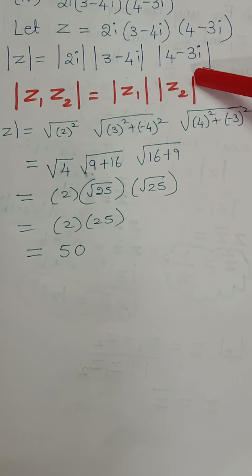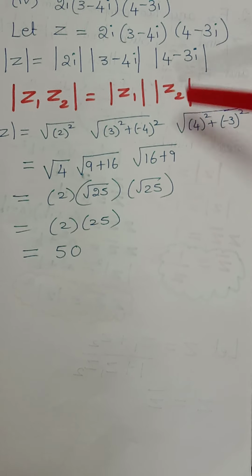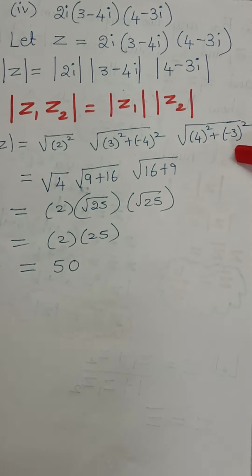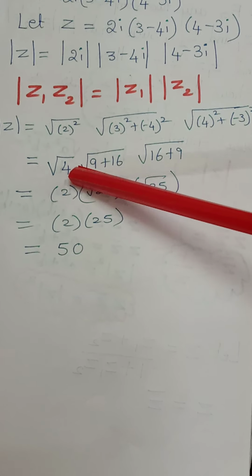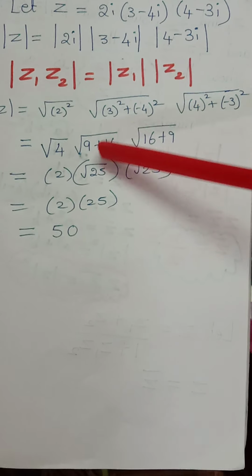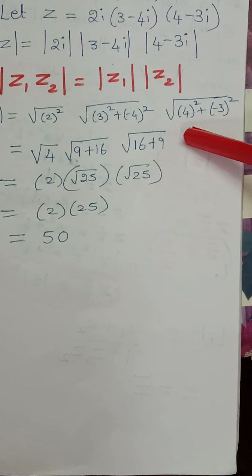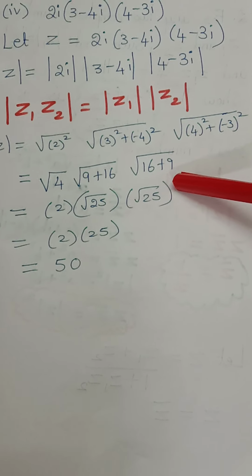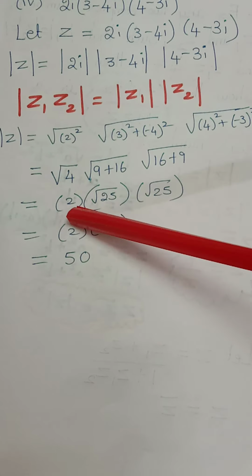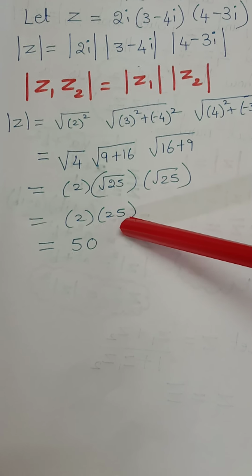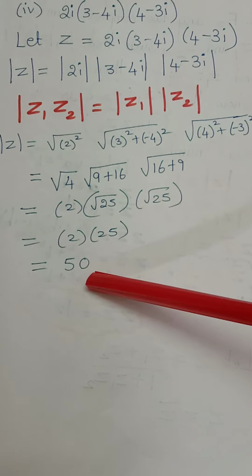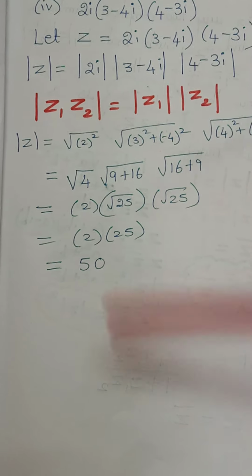Now next, the modulus of this is square root of 4 square plus minus 3 whole square. Now when we simplify this you will have 4. This when we simplify will be 9 plus 16. And this when we simplify will be 16 plus 9. Root 4 is nothing but 2. Root 25 is 5. So 5 twos are 10, and this is the modulus of the fourth subdivision.